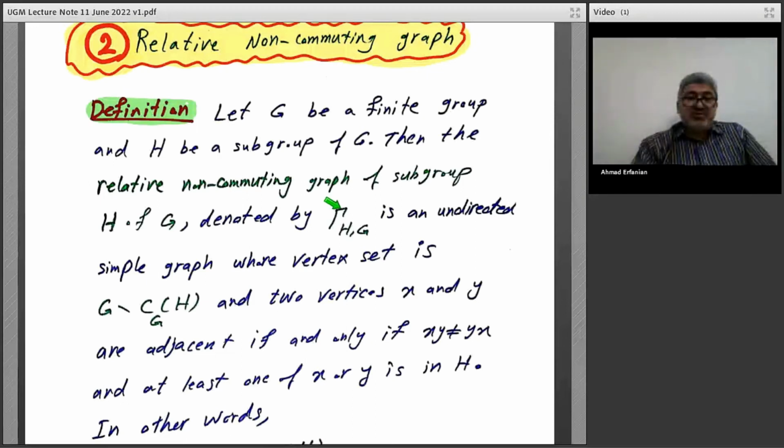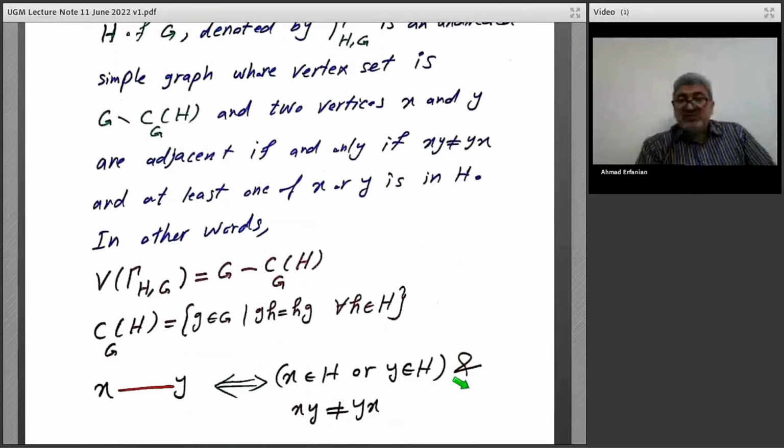Let us define the relative non-commuting graph. Suppose that G is a finite group and H is a subgroup of G. The relative non-commuting graph of subgroup H of G, we may denote it by gamma H, is again an undirected simple graph, and the vertex set is G minus the centralizer of H in G. You know, the centralizer of H in G is the set of all elements of G that commute with all elements in H. So G minus the centralizer of H in G is the vertex set, and two vertices X and Y are adjacent if and only if two conditions hold.